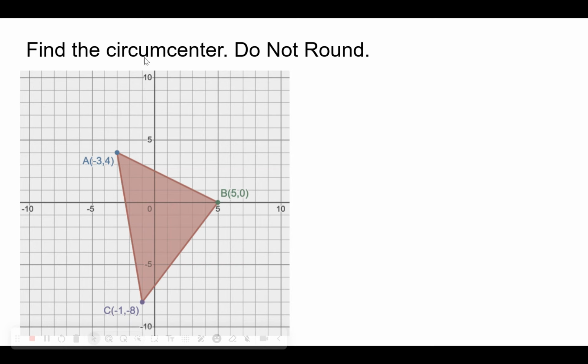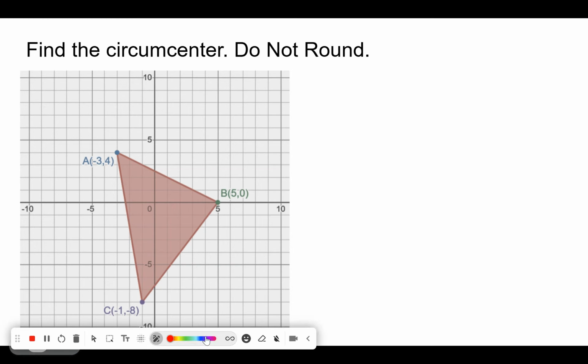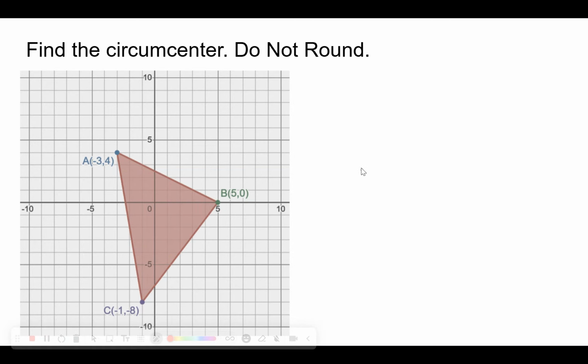Okay, so again, if I'm looking for the circumcenter, that means I'm looking for the point where the perpendicular bisectors intersect. So this problem is all about perpendicular bisectors.